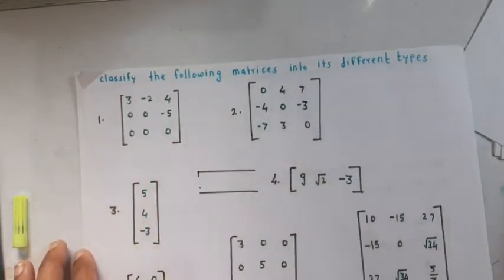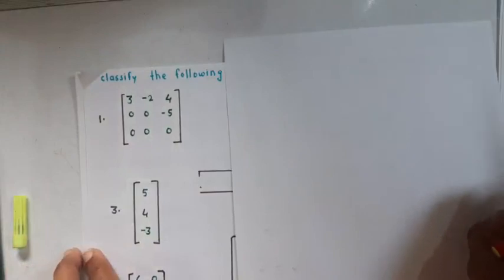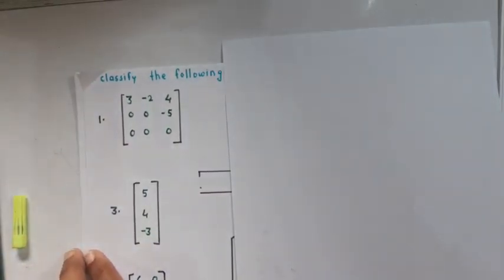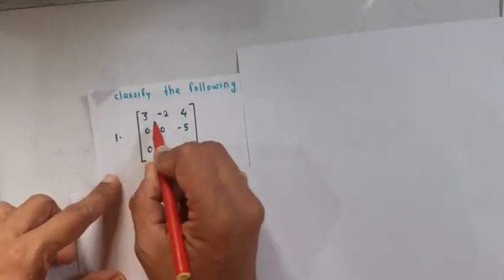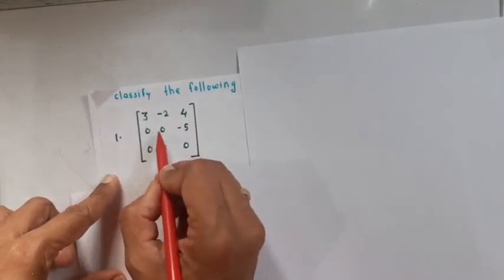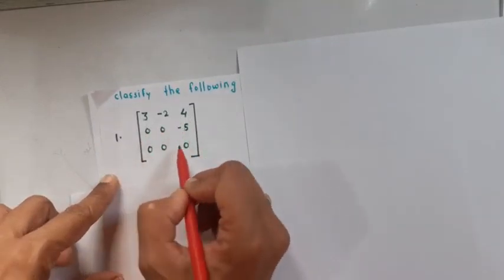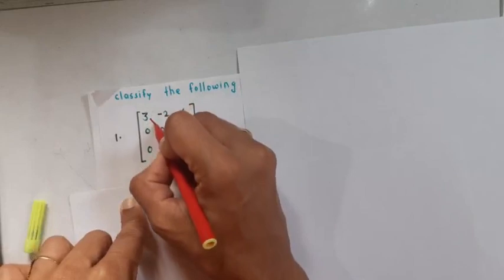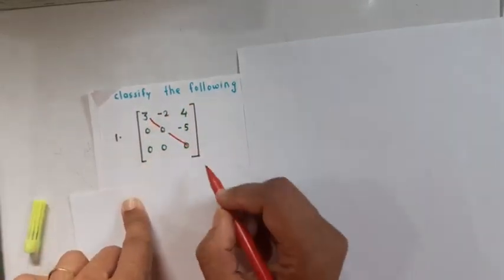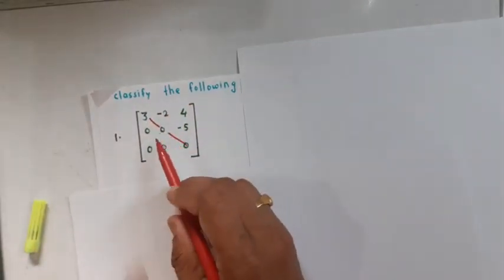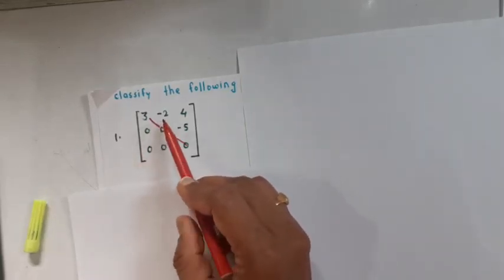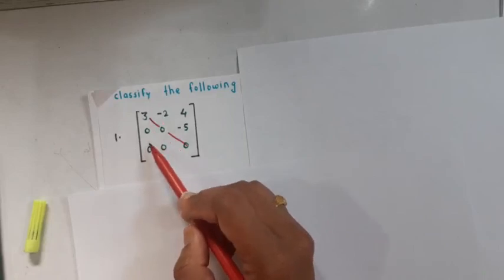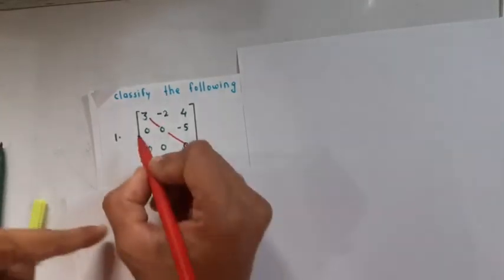So let us see, this is the first matrix. Suppose the matrix is 3, minus 2, 4; 0, 0, minus 5; and 0, 0, 0. See students, suppose this is the diagonal, and the elements below the diagonal are 0.